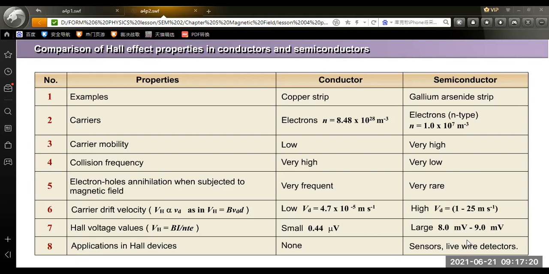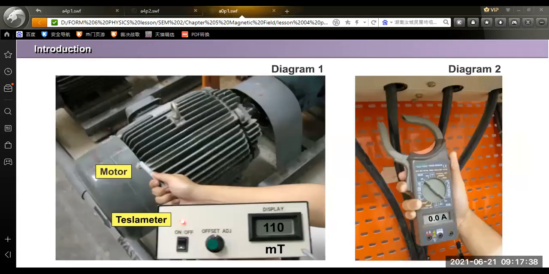What is meant by live wire detector? Still remember, just now, the introduction at the beginning for this diagram. That means we use the Hall voltage to determine the live wire.